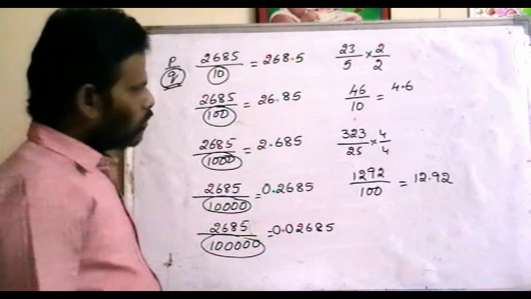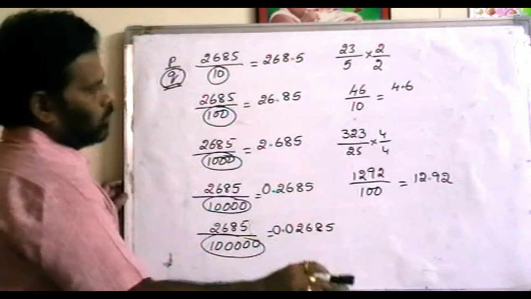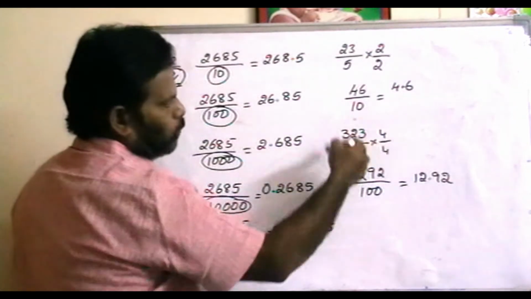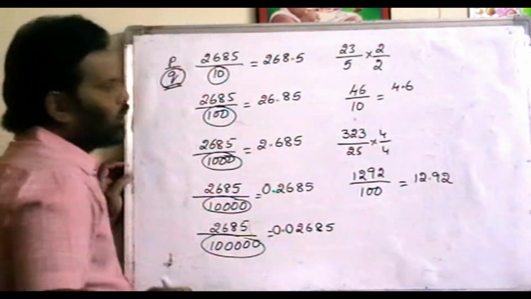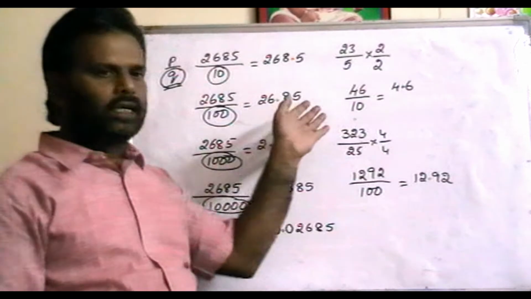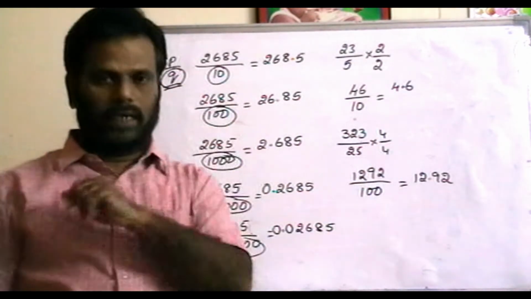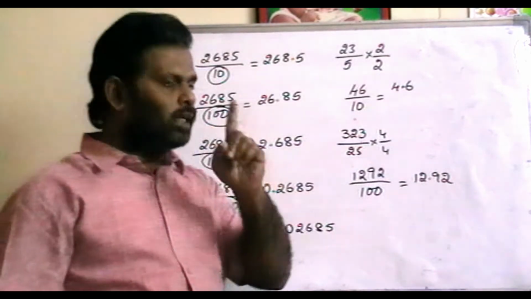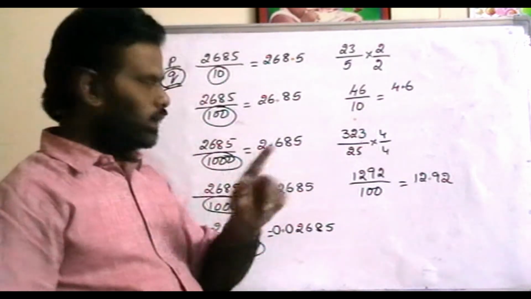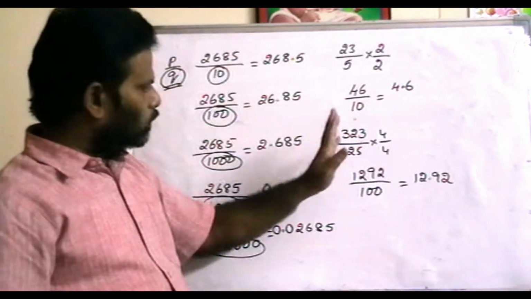Right? Now, how to decide whether it is a terminating decimal or a non-terminating recurring decimal? It is very simple.